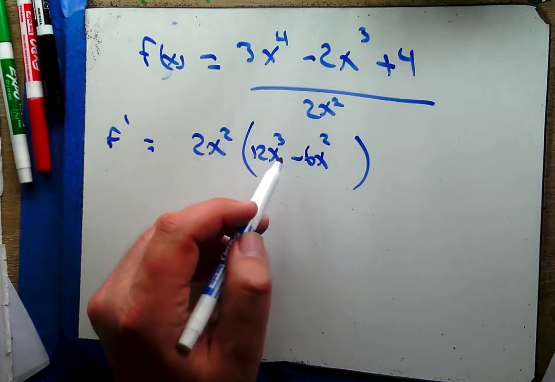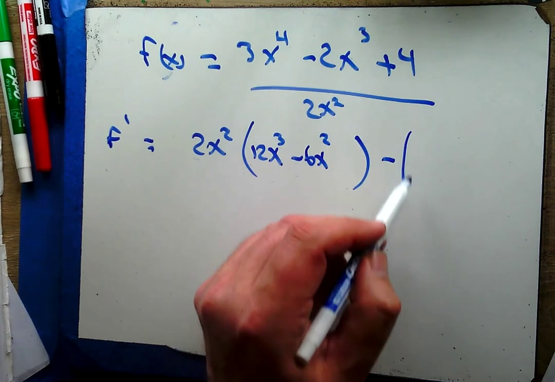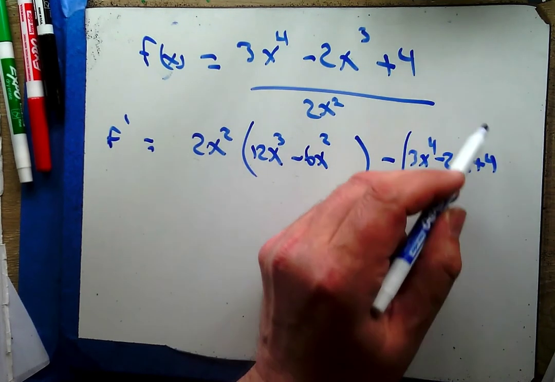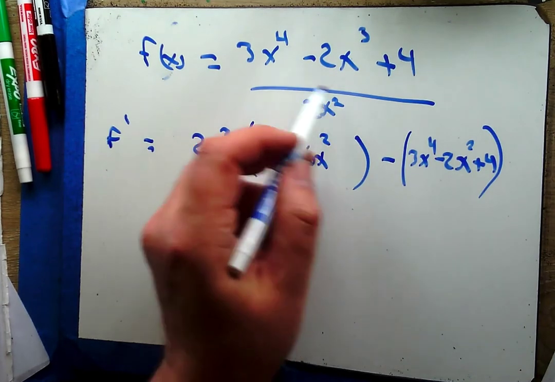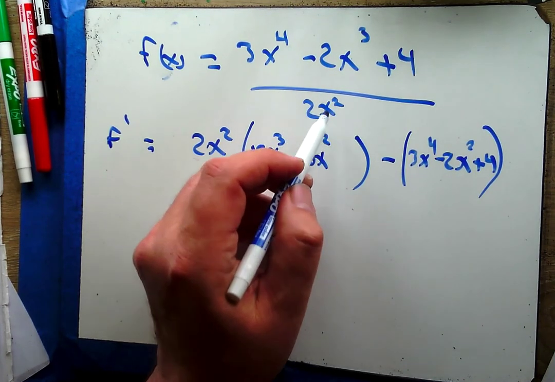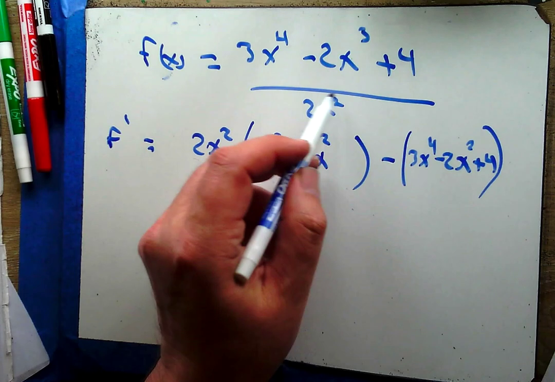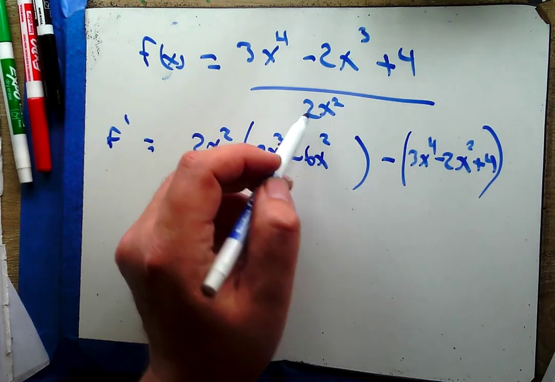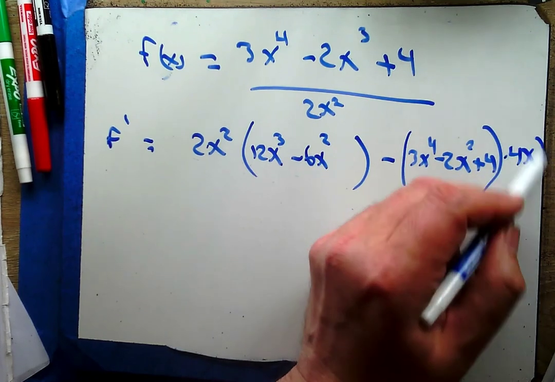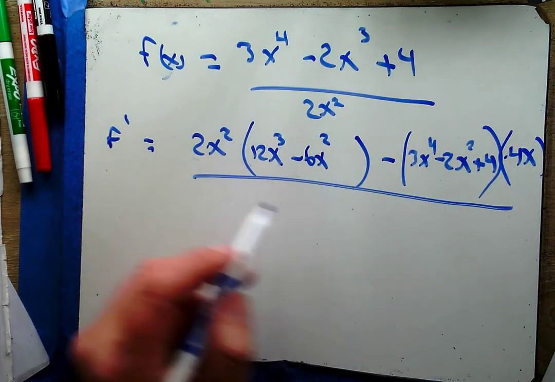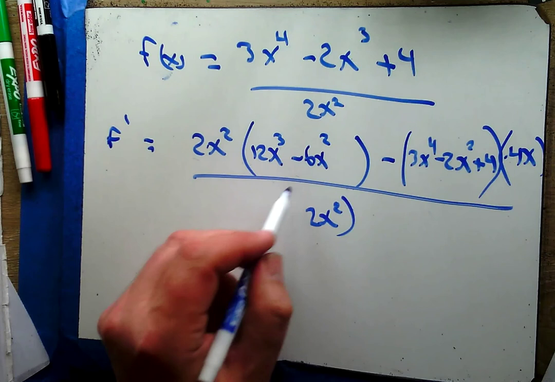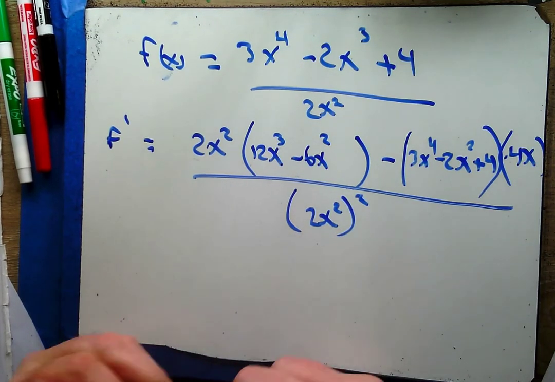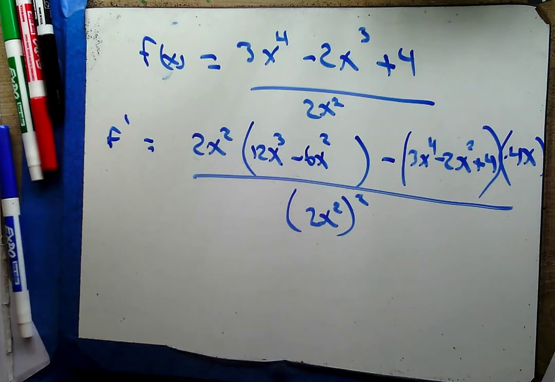So low d high minus high, 3x to the fourth minus 2x squared plus 4, d low. What's the derivative here? Well, this is a constant times a function. The derivative of the function would be, bring that power down, 2x times the constant. So we've got 4x over here. All over low squared. So that's one way to do this problem, and that's using the quotient rule.